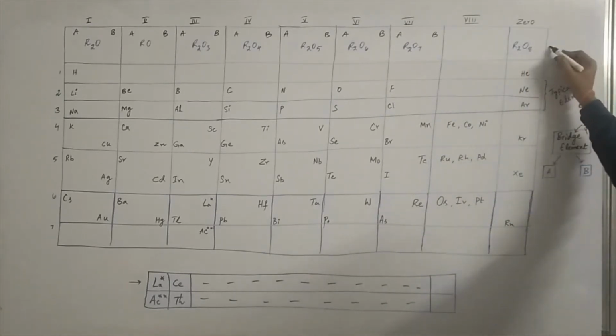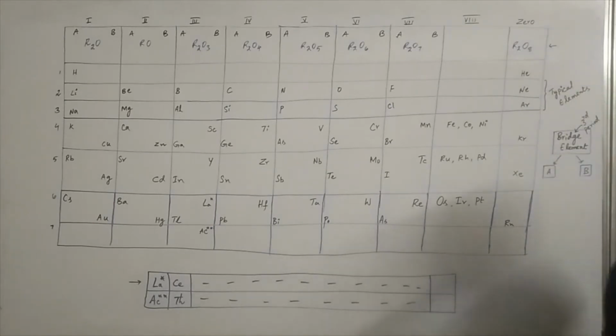That means if you want to see the valency of these groups with respect to oxygen, it increases from 1 to 8. Valency of these group elements increases from 1 to 8 with respect to oxygen.